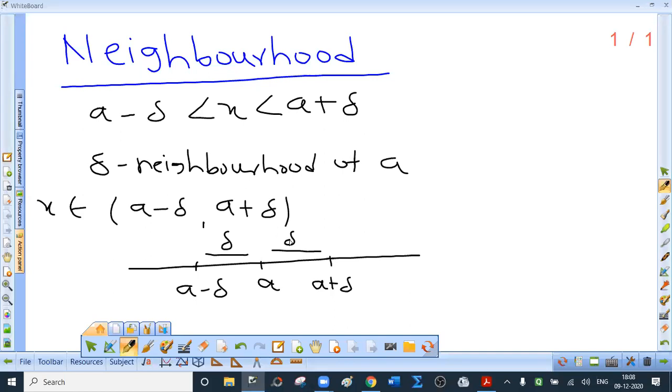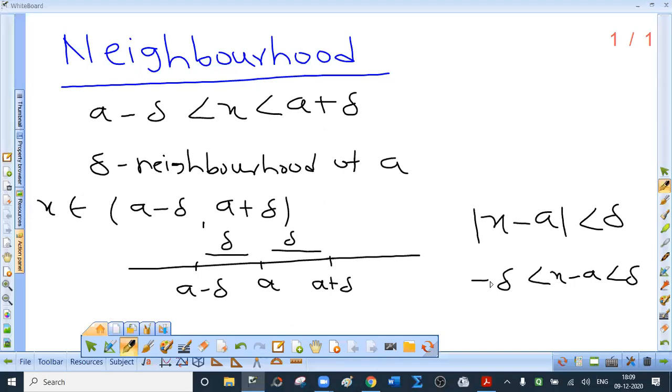Can I write this as mod of x minus a less than delta? Yes, we can, because we have already discussed that this is nothing but minus delta less than x minus a less than plus delta. I repeat, when I say that modulus is less than delta and delta is positive, then minus delta less than x minus a less than delta.